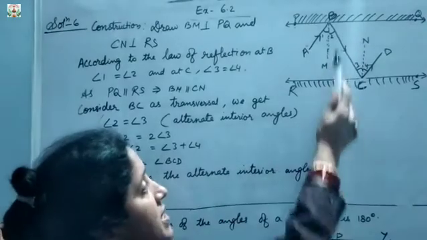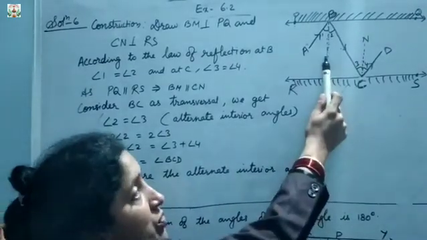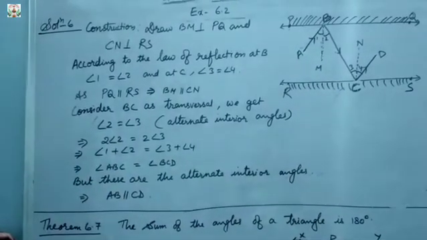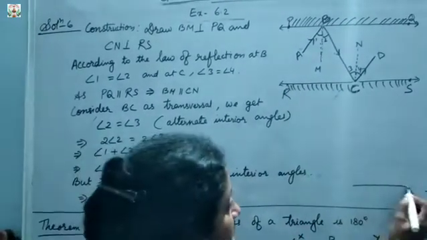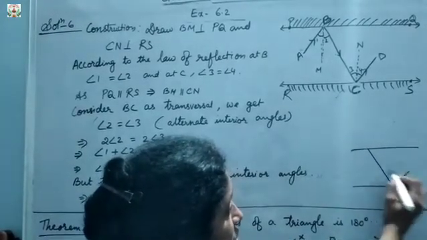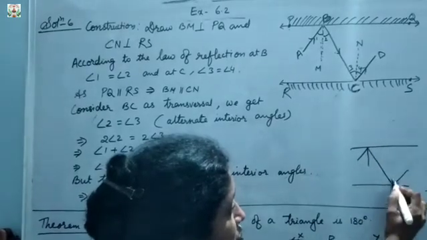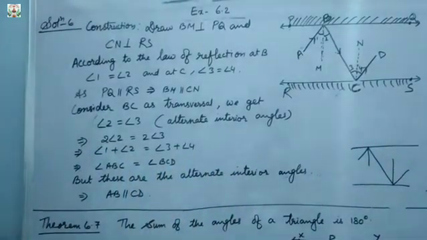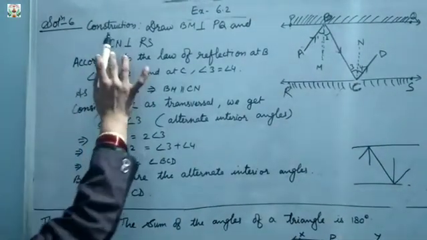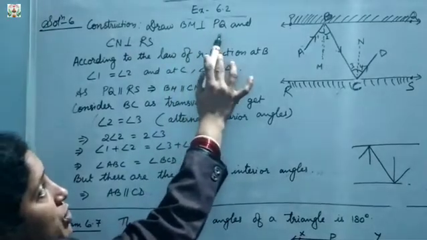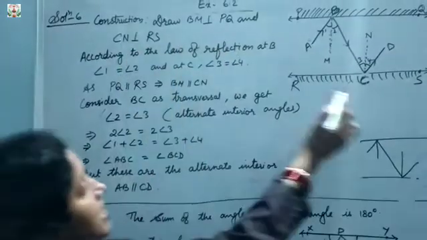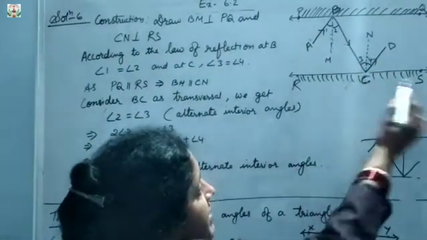If two lines are parallel, then perpendiculars drawn to those lines will also be parallel, is it not? That is the concept. Here you can see what is written. Construction: draw BM perpendicular to PQ and CN perpendicular to RS.